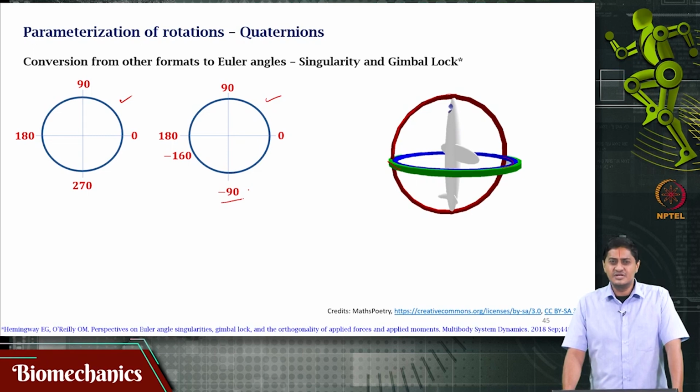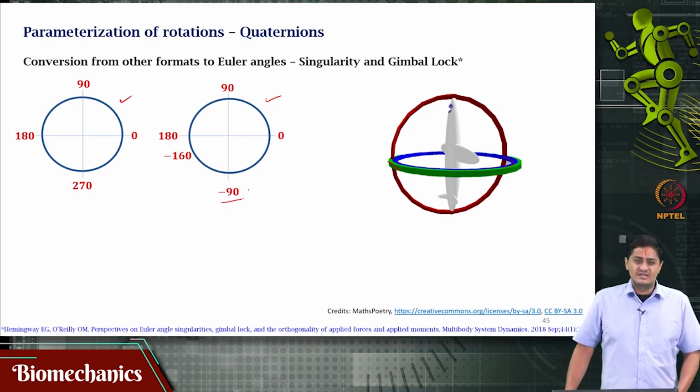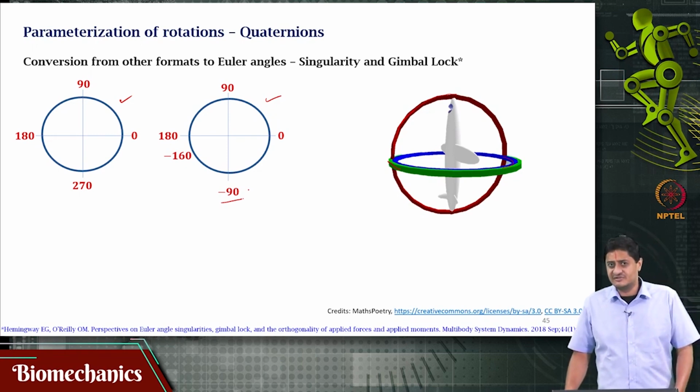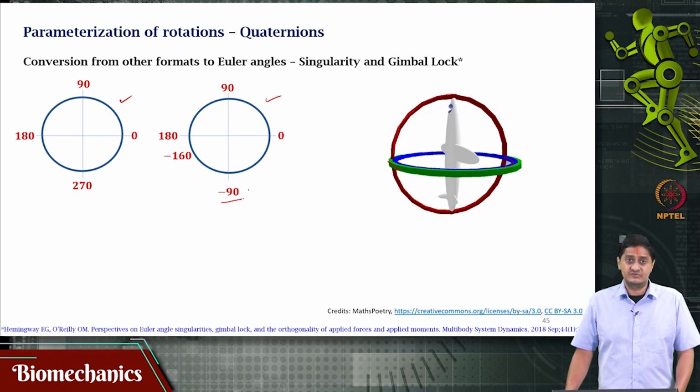So, this story of gimbal lock became famous, or notorious, with the story of the Apollo spacecraft that went to the moon, NASA's moon mission. In that spacecraft, of course, you need to have a relatively accurate idea of the orientation of the spacecraft. The location and orientation of the spacecraft is an absolute must, because if you do not have it, then you do not know where you are going, right.